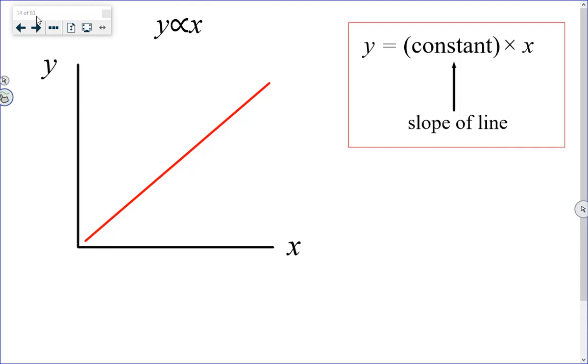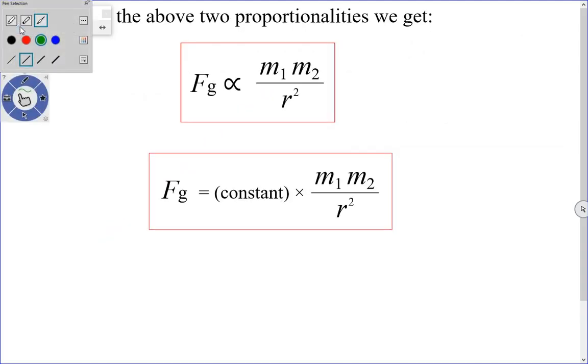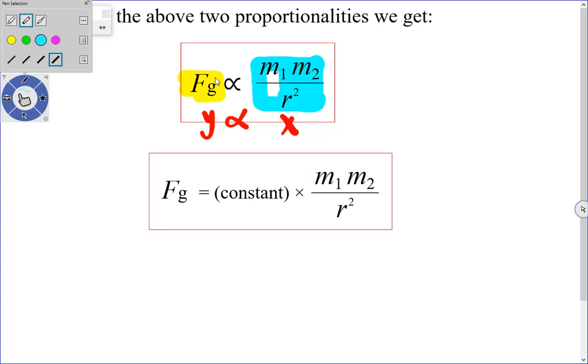So if Isaac Newton is saying y is proportional to x, then that means that y is equal to some constant times x. And the constant, of course, would be the slope of the line if you were to plot these quantities.